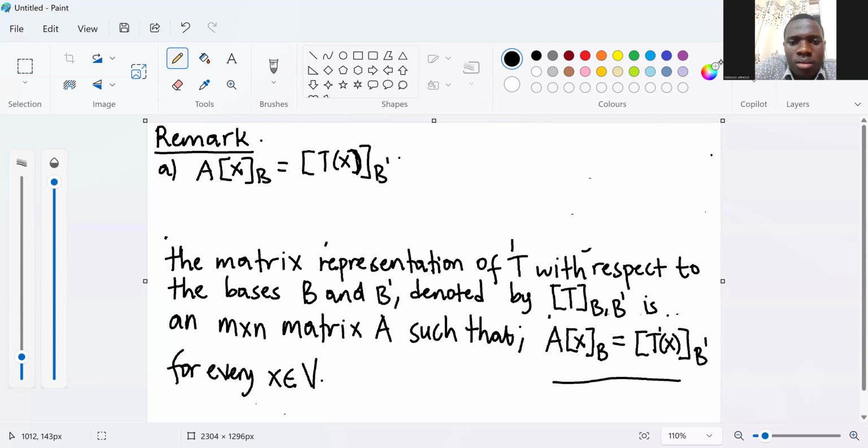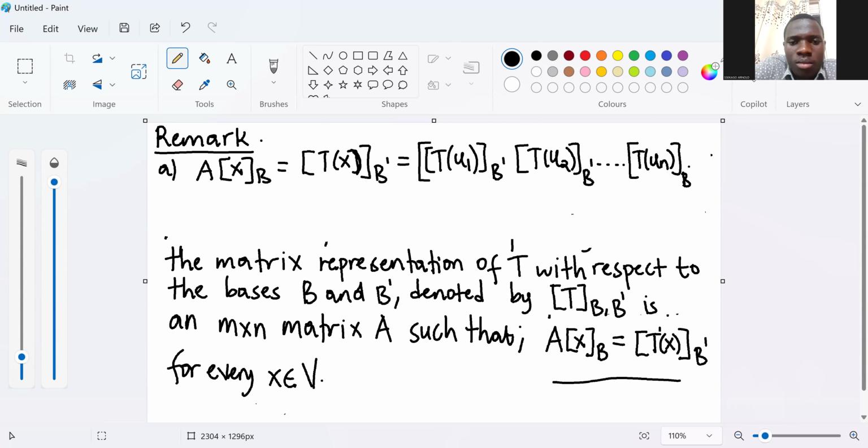More formally, we are going to see that in our example, but this is going to take on this form: a matrix which is going to be made by these columns, T(u1), T(u2) with B prime, up to T(un) with B prime, like that.